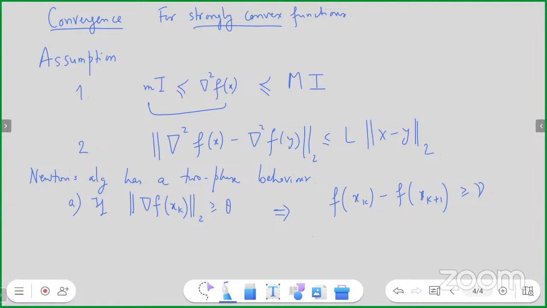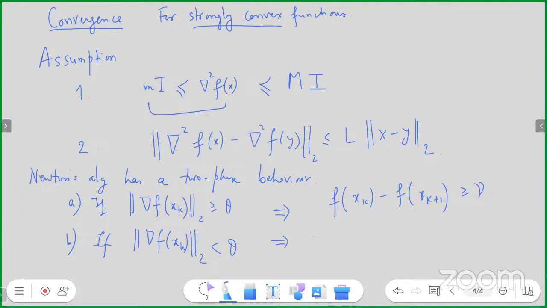In phase B, once this becomes small enough, then it starts to suddenly change. So there is some theta. The result I will write is not precise, but essentially you should think of there existing some theta for which this two-phase behavior happens.